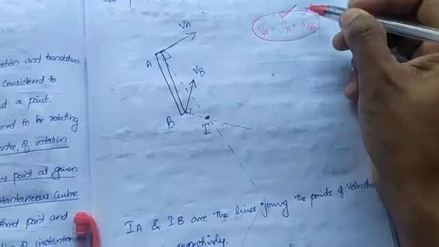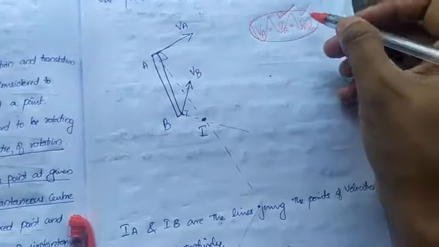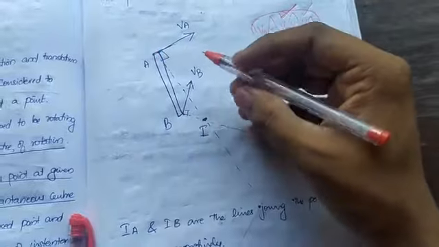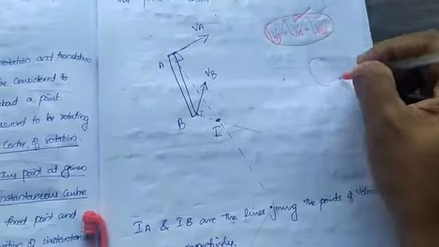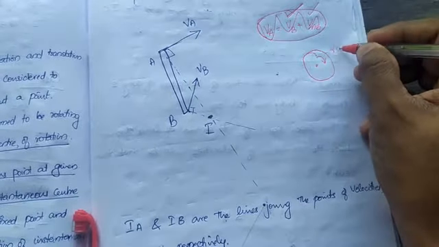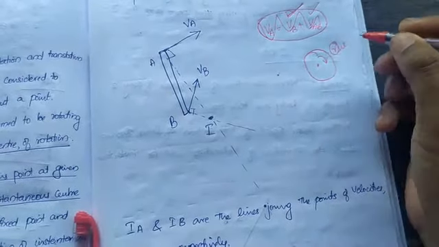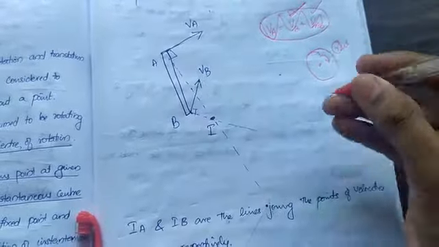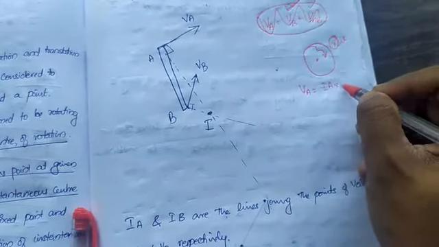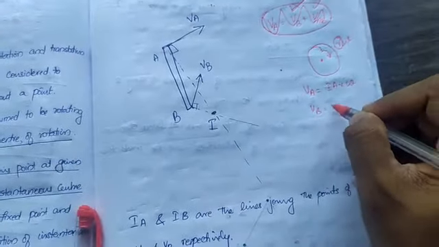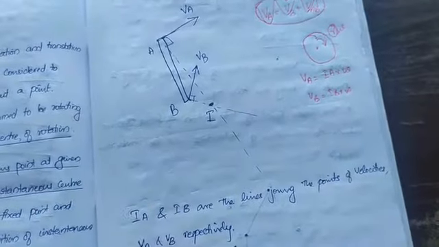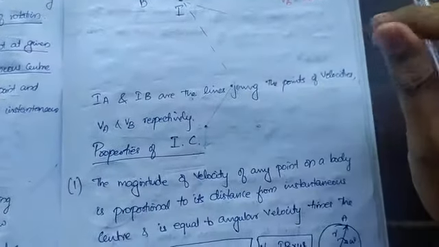But now, since we have a pure rotation case, the velocity will be r into omega. Here, instead of r, VA is equal to IA into omega and VB is equal to IB into omega. That's all. Now we'll see the properties of the instantaneous center.